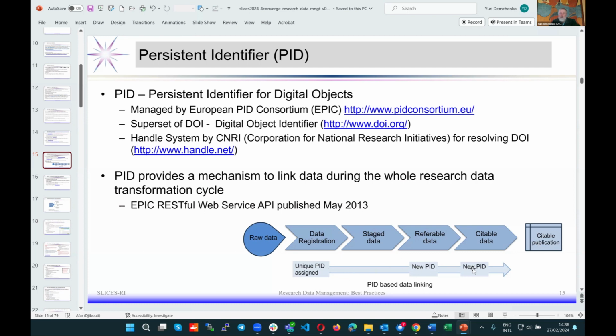So actually data is referred to by a new PID or citable PID, but the process and system that support the data management may also produce an intermediate ID and unique ID. For which purpose is it used? This is used to link data, especially in projects that require reproducibility and explainability, such as artificial intelligence, machine learning, and different types of analytics.